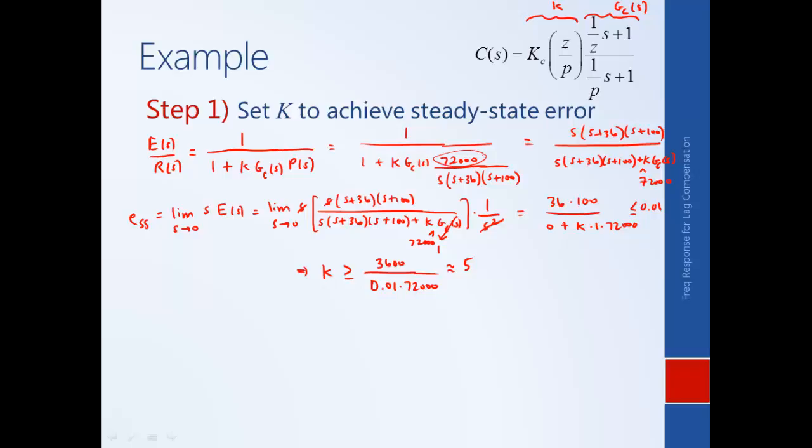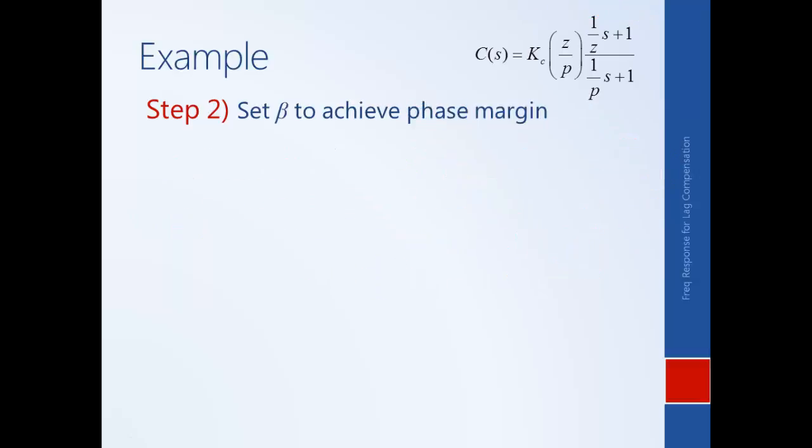We're going to go ahead and choose K to be as small as we can get away with, because that'll meet the steady state error requirement. And if we make K any larger, then it's going to push the gain crossover frequency to a higher level than necessary.